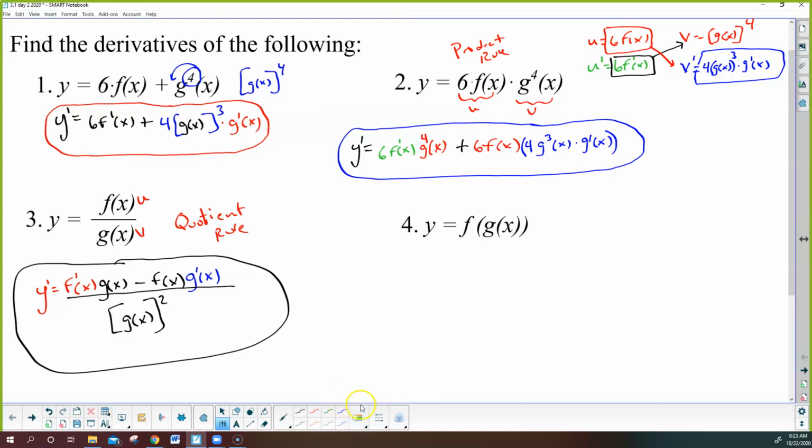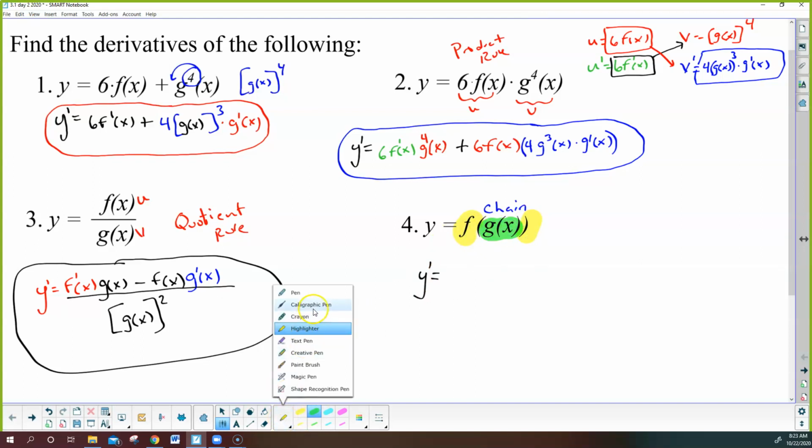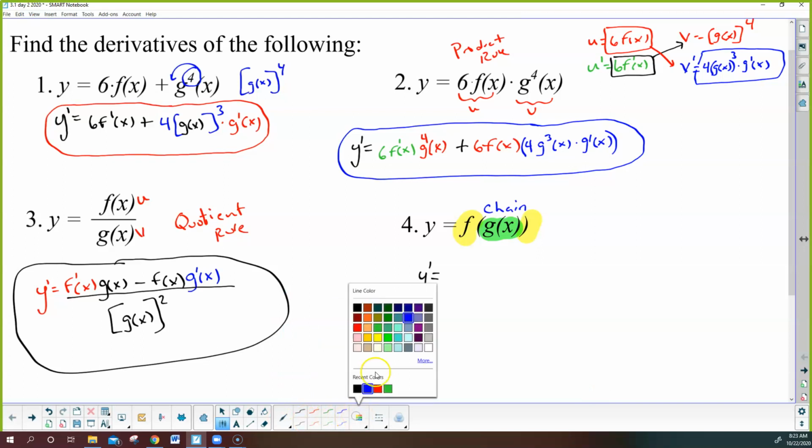Okay, and then the last one, this is a function inside of a function, f of g. This is just our chain rule. You take the derivative of the outside. I just kind of remembered I was highlighting quite a bit when we introduced the chain rule, so if that helps you, the outside function is f, the inside function is g.